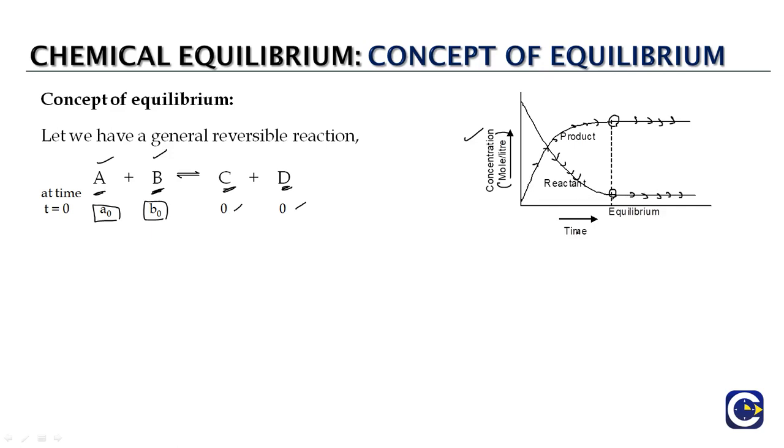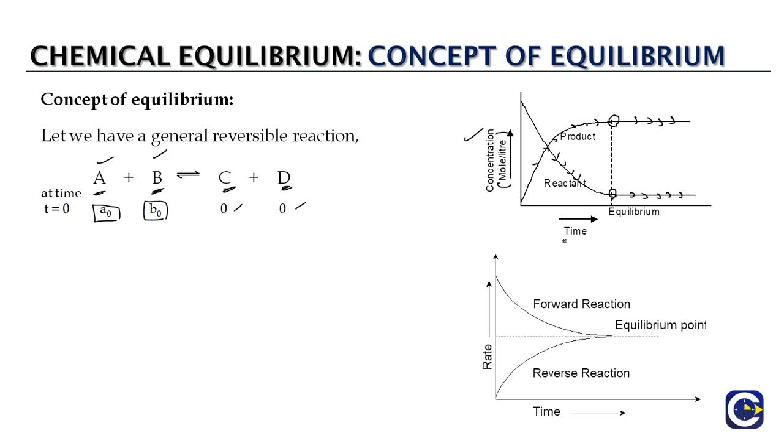Now when we try to understand this from the rate of a chemical reaction point of view, I'm looking at the rate of the forward reaction. So forward reaction, here we are referring to A plus B combining to give C and D. The forward reaction rate will depend upon the concentration of A and the concentration of B. As per the law of mass action, the rate of the forward reaction will be proportional to the active mass.